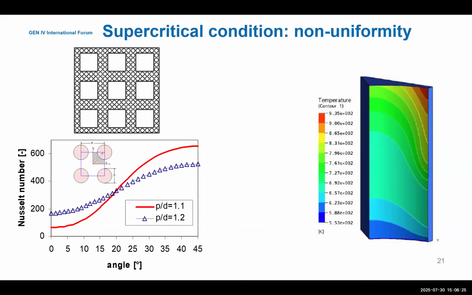If you look at the cladding temperature, in the small gap region the cladding temperature is very high, and in the wide gap region the cladding temperature is much lower. So if you use the tight lattice for the SCWR, you should analyze the non-uniformity of the heat transfer around the fuel rod.